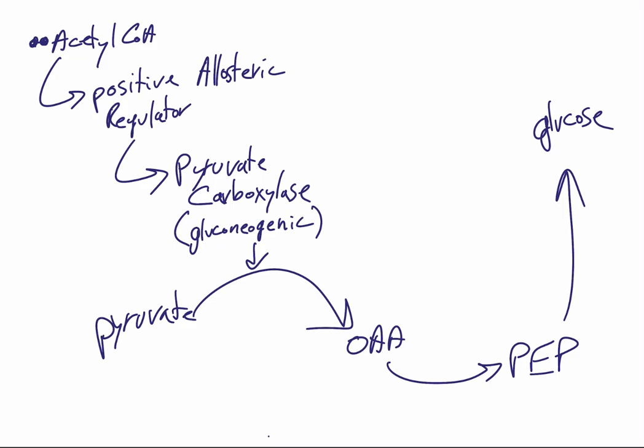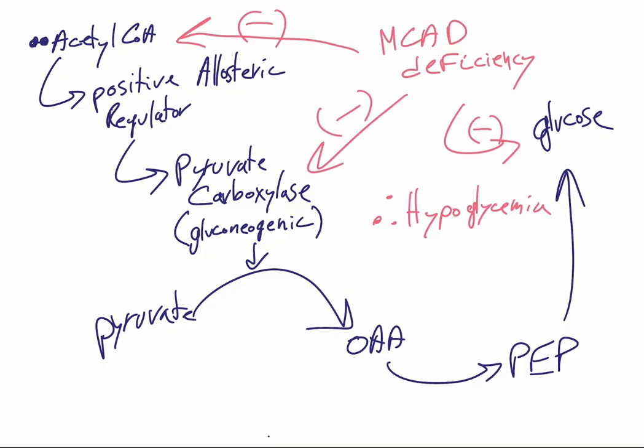So one workaround is that pyruvate carboxylase, which is activated by acetyl-CoA, converts pyruvate to oxaloacetate, which can then be converted into phosphoenolpyruvate, PEP, and ultimately back up the chain to glucose. So in MCAD deficiency, since we're not producing acetyl-CoA, pyruvate carboxylase isn't activated and gluconeogenesis is impaired. This results in hypoglycemia.